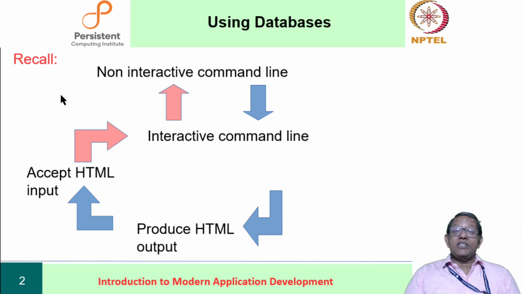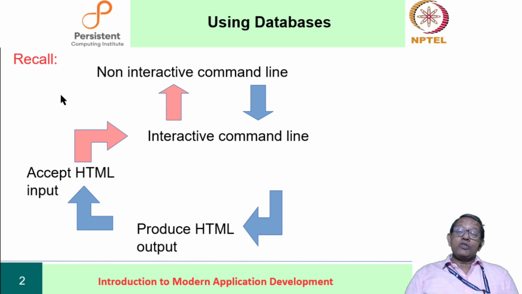We did that in two stages. We first changed our interactive command line version to produce an HTML page as an output. So what earlier was simply an output on a terminal was now a HTML page, which could be displayed anywhere on the internet.